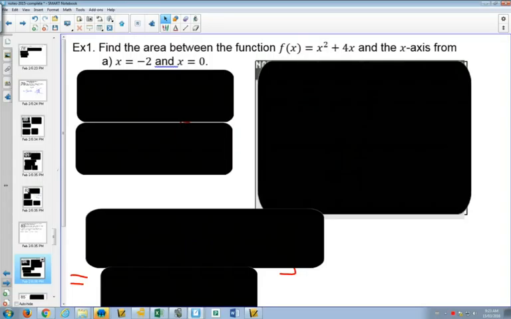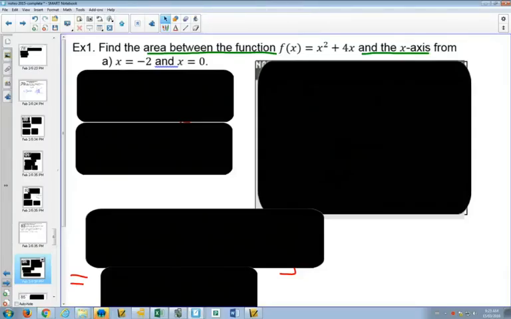So here's our first example, x squared plus 4x. And this question is worded as: find the area between the function and the x-axis. So it's a different question than just asking for the definite integral from 0 to 2.